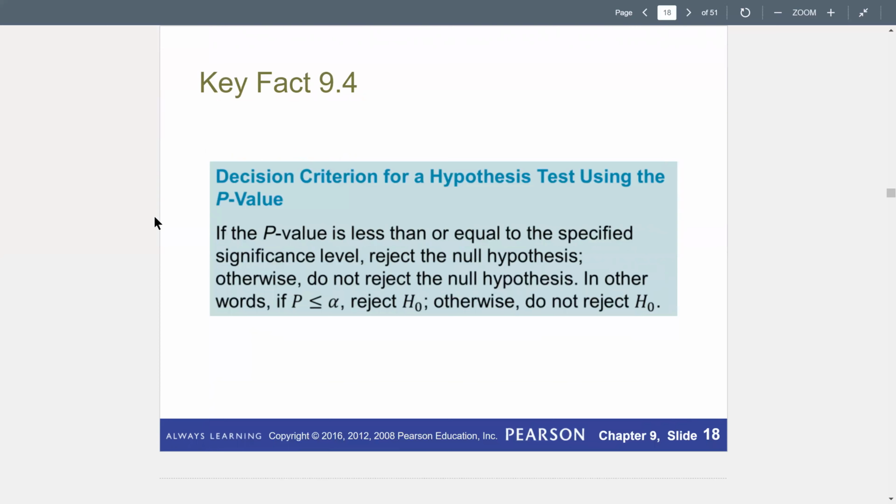That's exactly what I mentioned. If a p-value is less than or equal to a specified significance level, then reject the null hypothesis, otherwise do not reject. In other words, if p is less than or equal to alpha, reject the null hypothesis, otherwise do not reject.